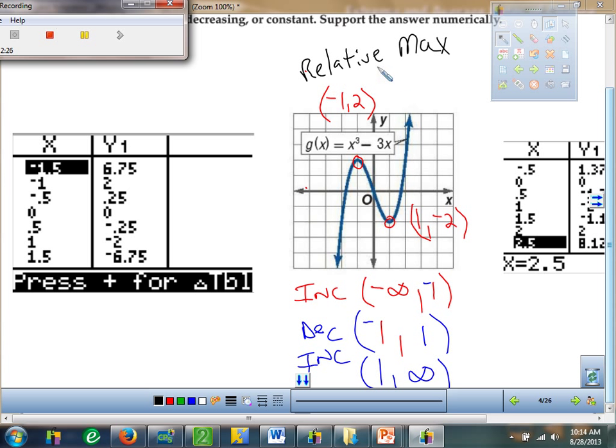Your books use relative, so I'll use relative. So the relative max would be (-1, 2). We don't have an absolute max because again we go off to infinity here. This one would be a relative minimum, because again we bottom out and then we start increasing again.